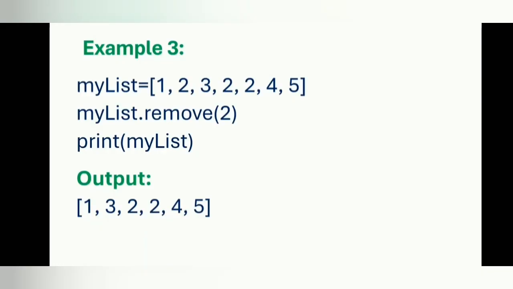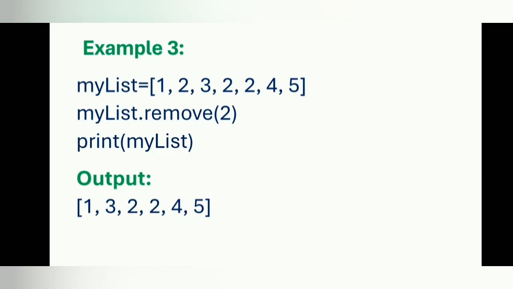Example 3. If the value appears multiple times in the list, only the first appearance of the value will be removed. In this example, the first thing I did was create a new list with the 7 elements 1, 2, 3, 2, 2, 4, 5 and assign it to the variable myList. In the next statement, I call the remove method with the value 2 as an argument.